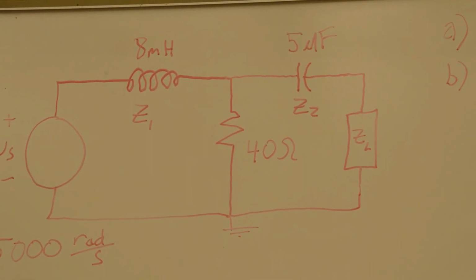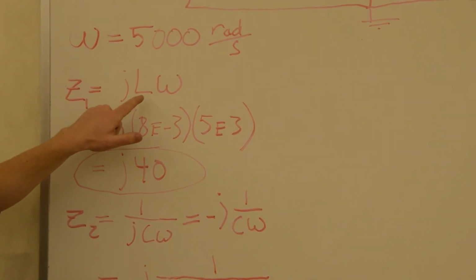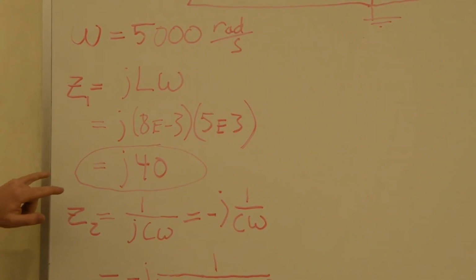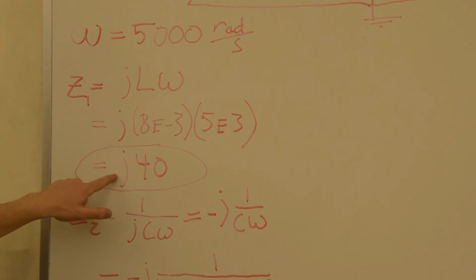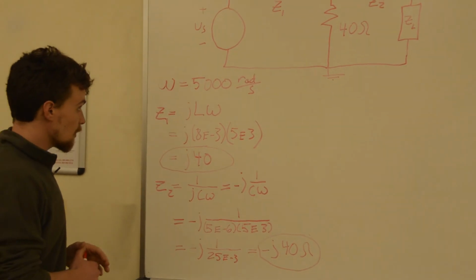Now Z1, the impedance of an inductor, is equal to j times inductance times angular frequency. We already did the math, and that is equal to j40 for this particular frequency.